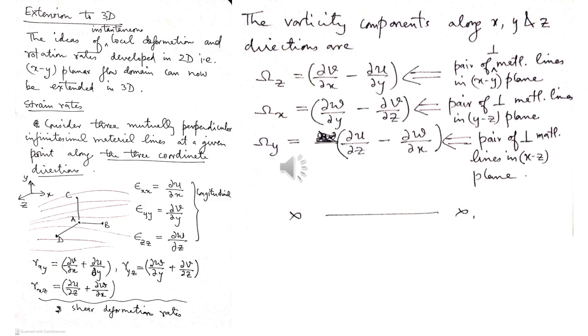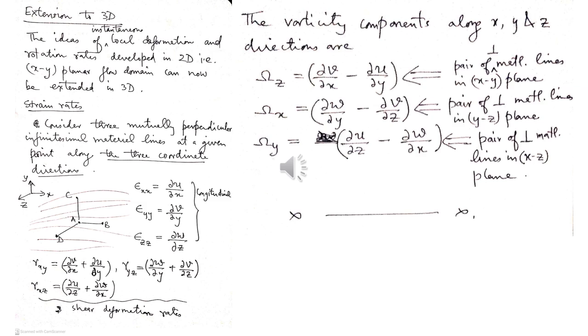One will be contributed by a pair of perpendicular material lines in the yz plane, and this will be known as the x component of vorticity. It will be written as del w del y minus del v del z.